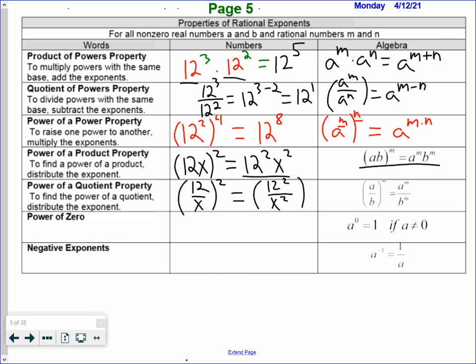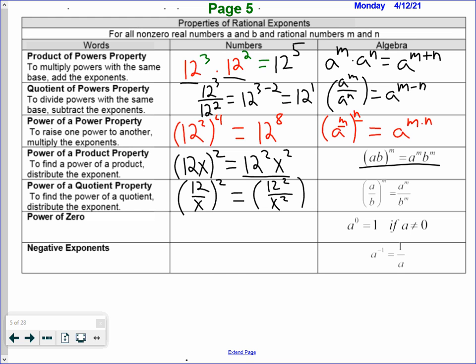And we know this is true since 12 over x all squared is 12 over x times 12 over x, which will give you 144 over x squared, which is what we got. So algebraically, it's a over b raised to the m power equals a to the m over b to the m. So if you have a quotient all raised to an exponent, distribute the exponent to the top and to the bottom.